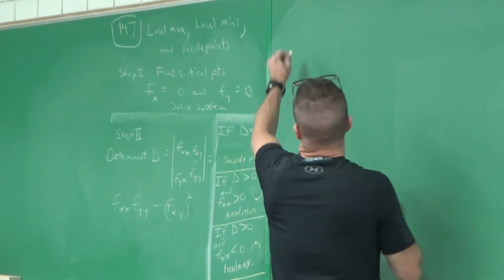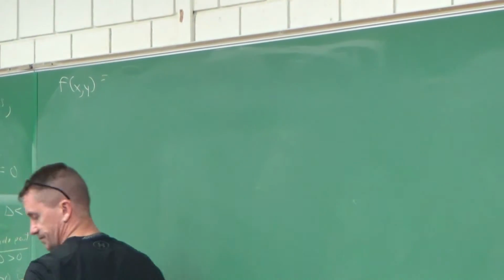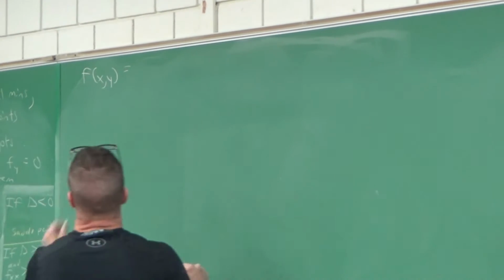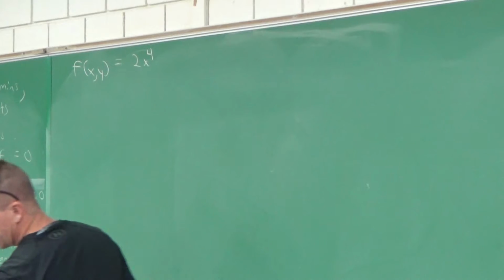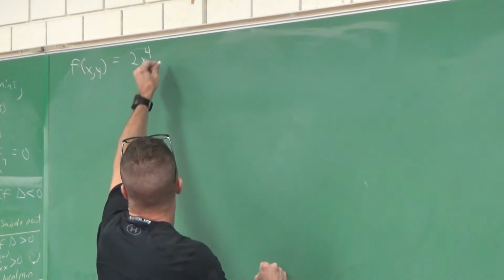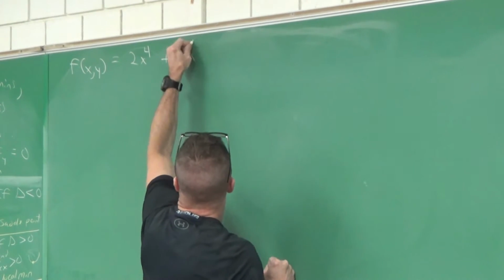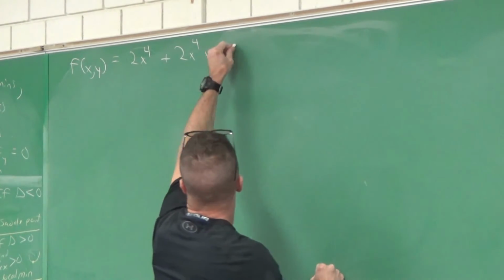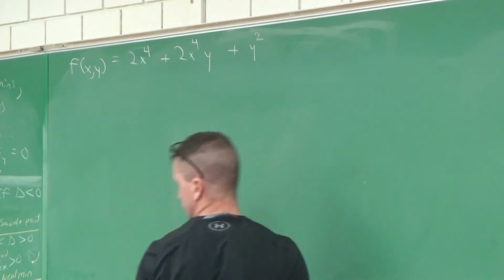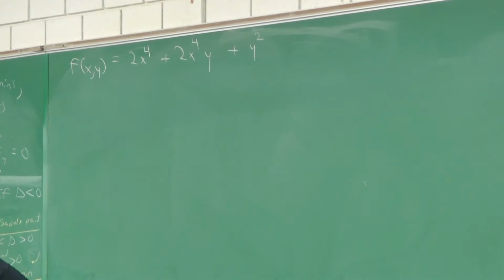So here's the function we're going to work with. It's a function of x and y, and I've got 2x to the fourth plus 2x to the fourth y plus y squared plus 3.